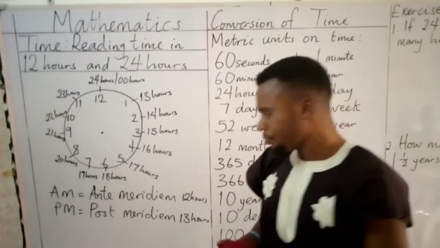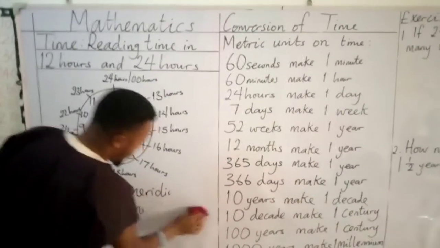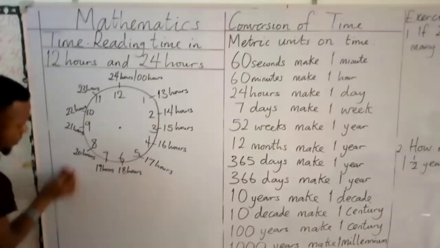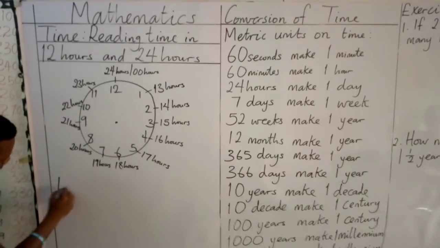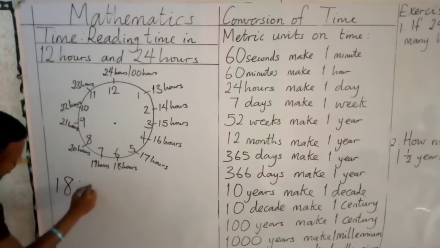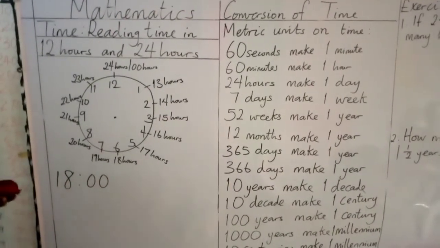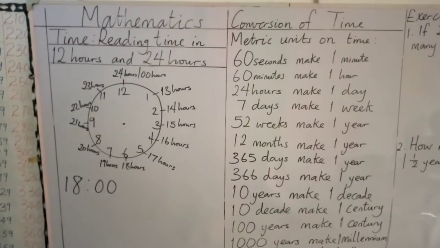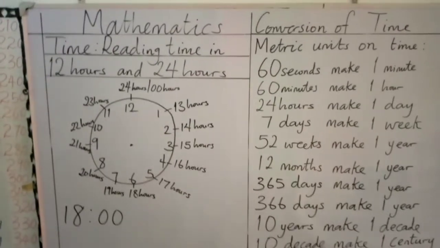So with this, I believe that we'll be able to identify and describe the following times stated below. Now, in this, we want to know what is 18 hours. 18 hours, what does it mean? Does it mean morning hour or evening hour?